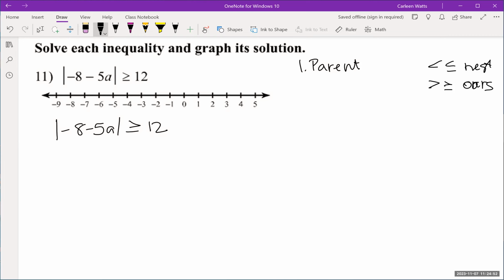Less is nest. Okay, and this has video too. You ready? Less is nest, more is oar. Oars, nest.